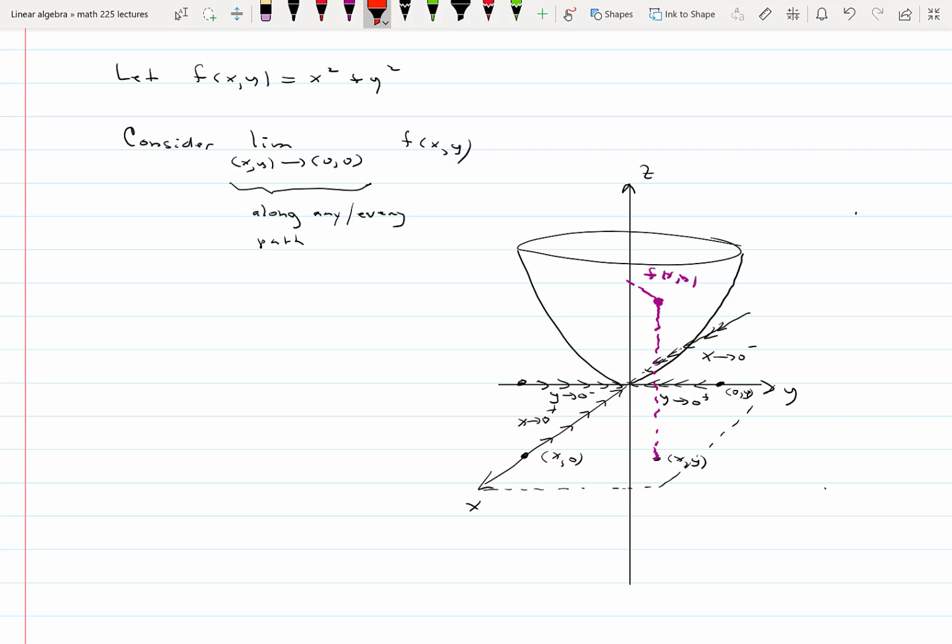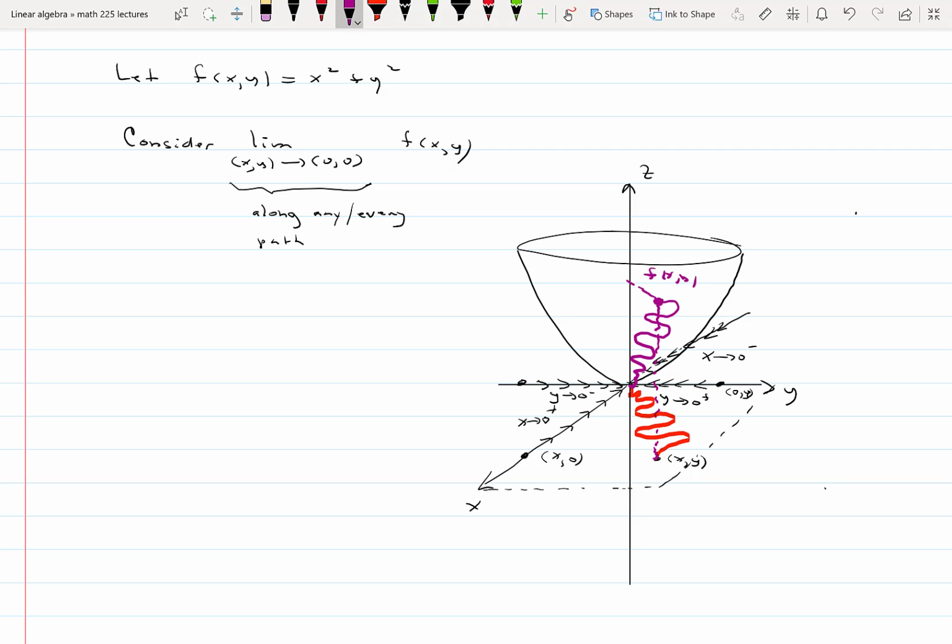Let's say x and y approach 0 along this sort of wavy curve. Then above us, the z values on this surface will look like this, and I have to have those z values approach the same thing.